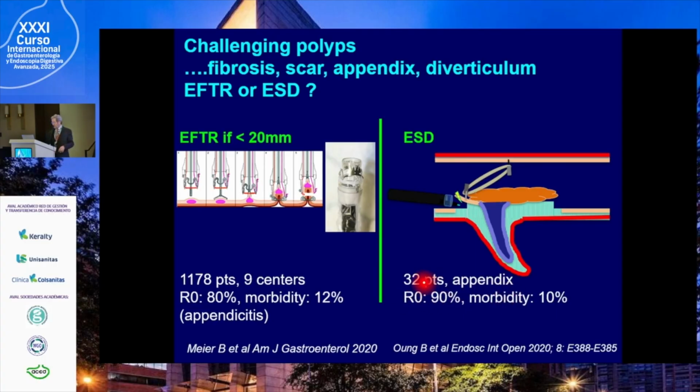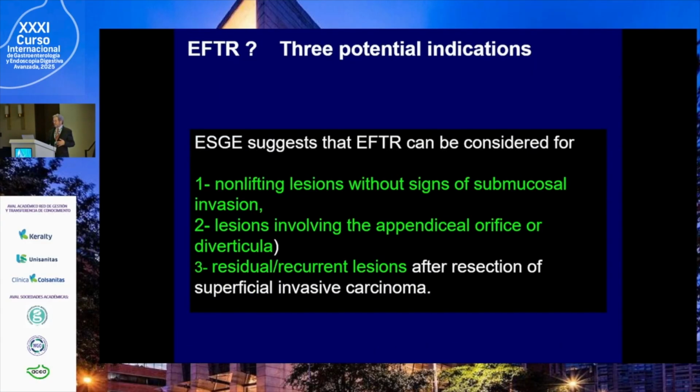And I will show you some pictures. So ESGE suggests FTRD to be considered, not to be recommended, just to be considered: non-lifting lesions without sign of submucosal invasion, lesions invading the appendix or diverticulum, or residual or recurrent lesions. They suggest, they suggest. But I don't like it so much because it is impressive. You don't know very well, and you don't have a clear margin.